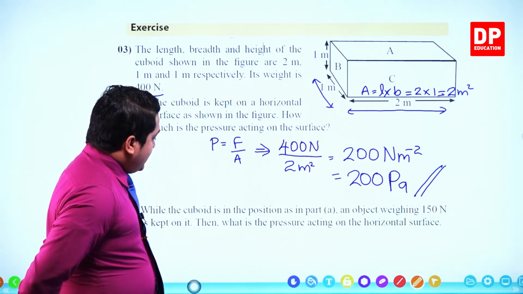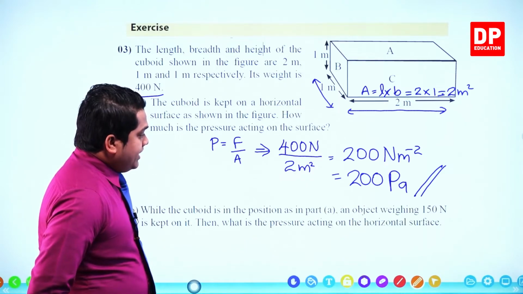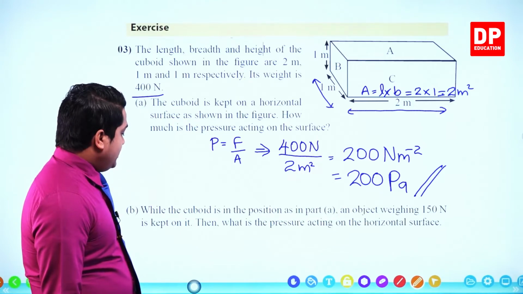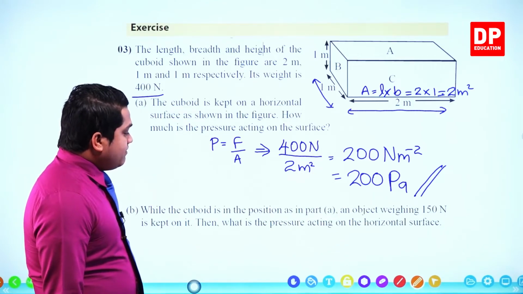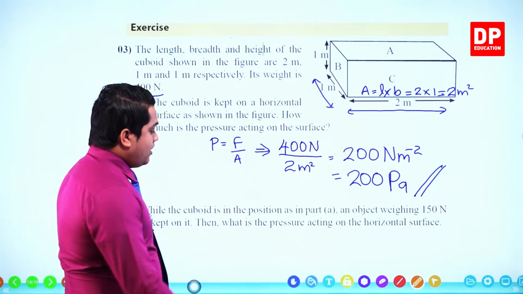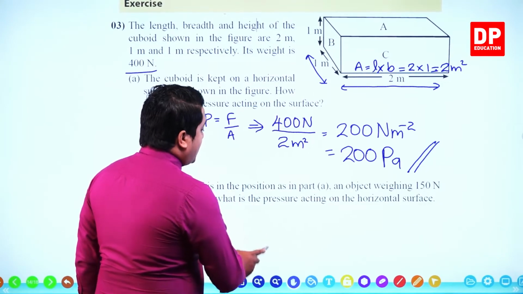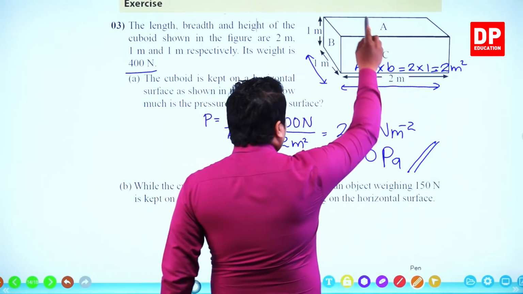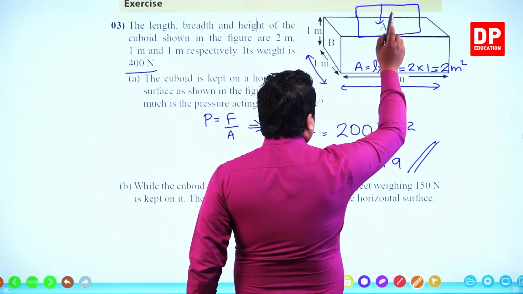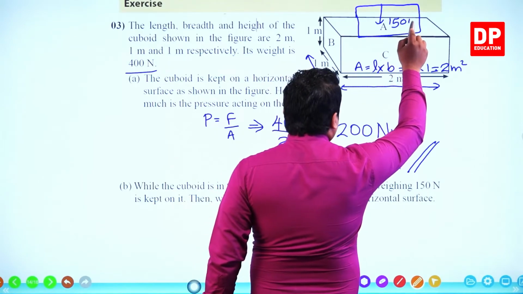Then the next one: while the cuboid is in the position as in part A, an object weighing 150 Newton is kept on it. Then what is the pressure acting on the horizontal surface? Now here another object is placed on this, it has 150 Newton.